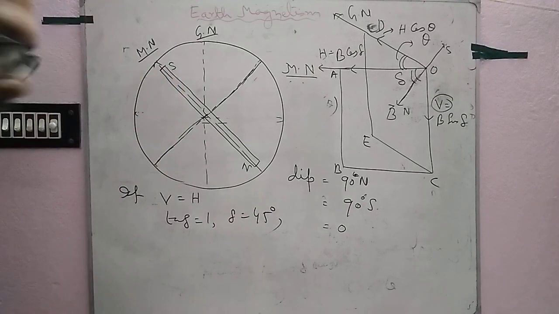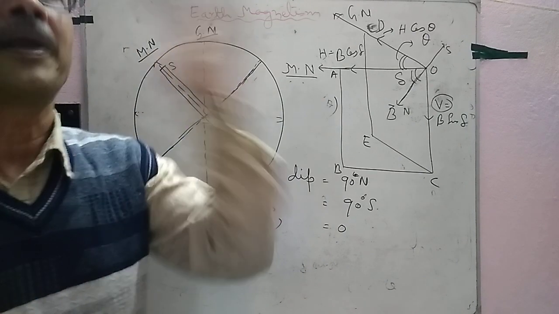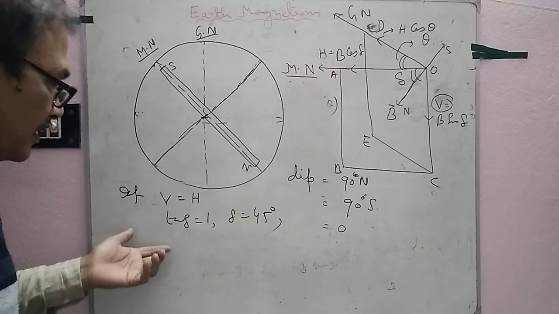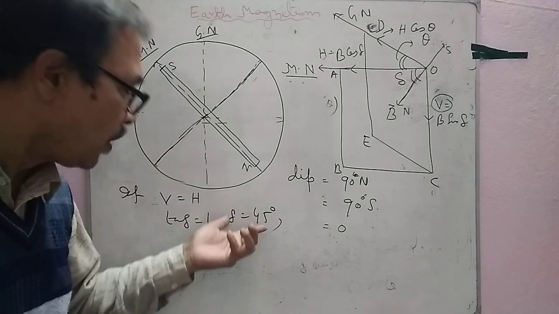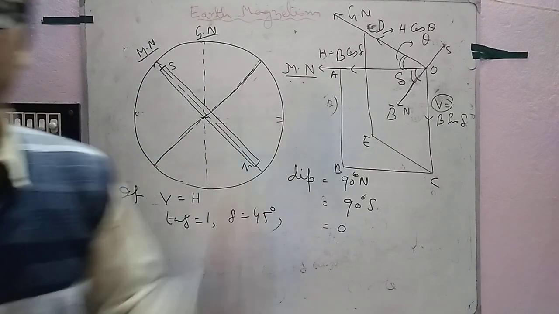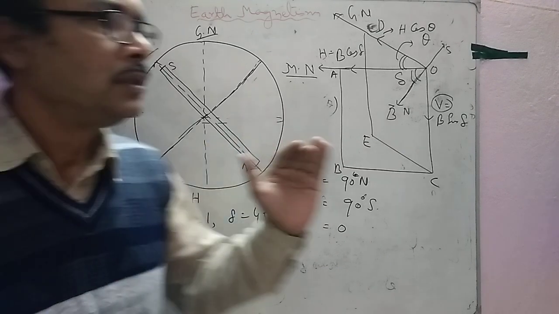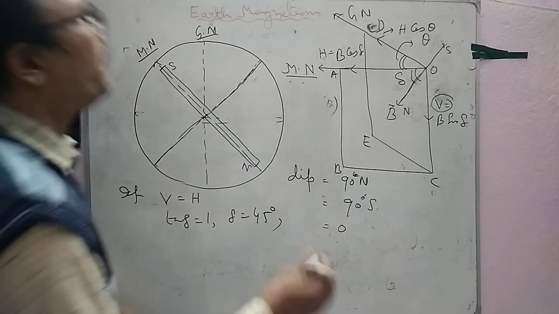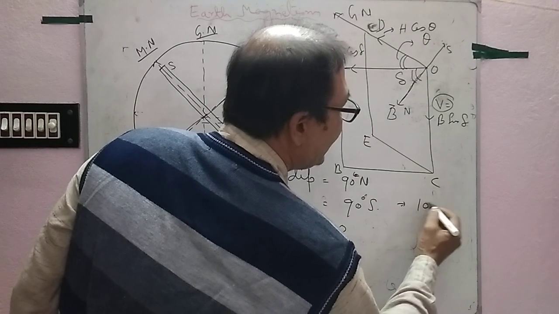So at what place will the vertical component and horizontal component of earth magnetism be equal? At the place where the angle of dip or angle of inclination is 45 degree, maybe 45 degree N or 45 degree S. So suppose the angle of inclination or dip at any place equal to, suppose, 10 degree N.